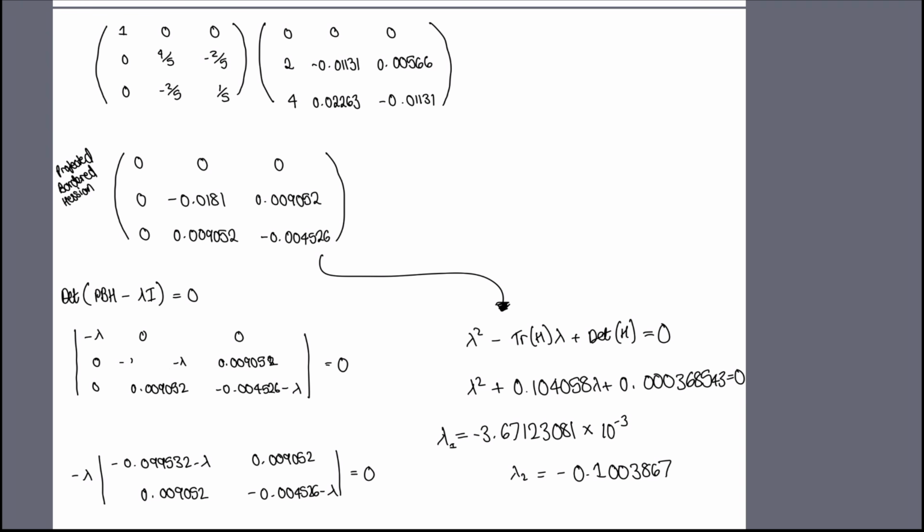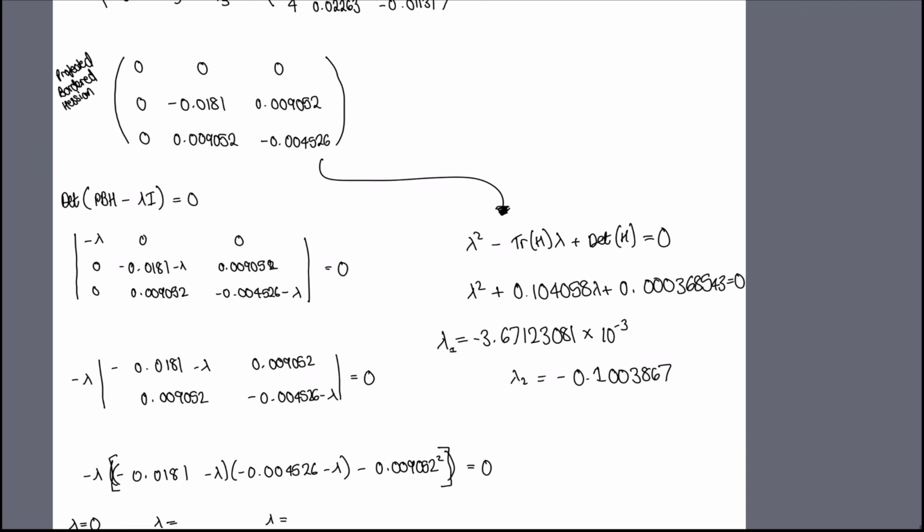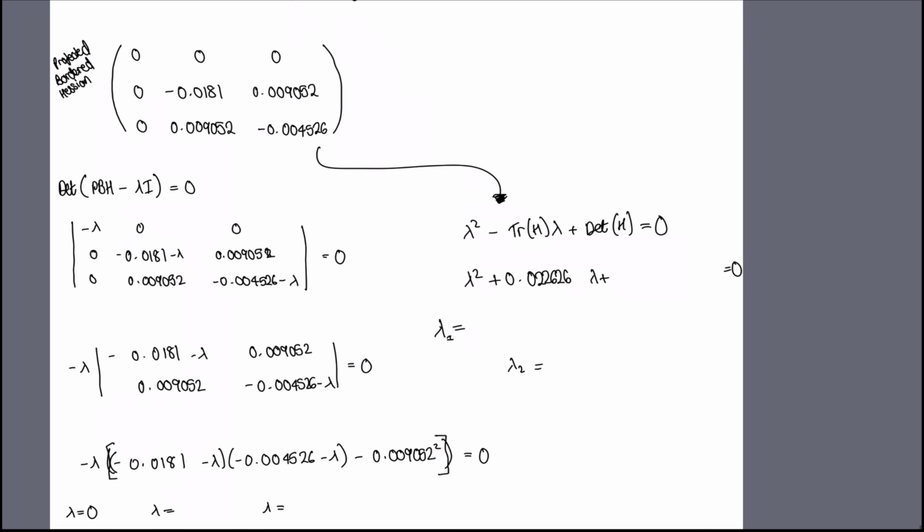So this over here does change, so does this, and so does these two values. You should get 0.022626, and then as the determinant, you will get a very tiny number of minus 1.8104 times 10 to the minus 8.